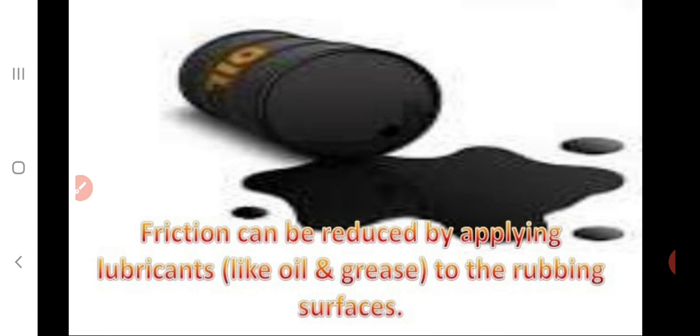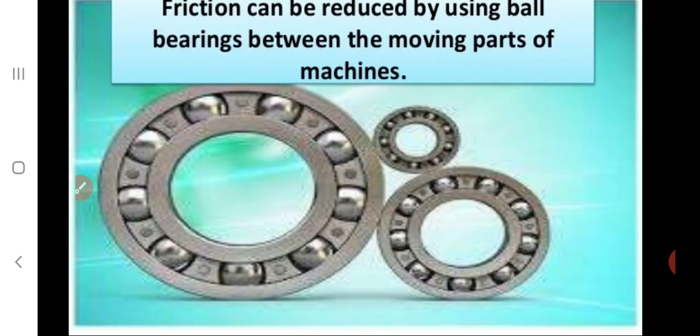So lubricants are the materials which decrease friction between two surfaces. Oil and grease are semi-fluid lubricants, the solid lubricant is graphite, and air also can act as a lubricant.